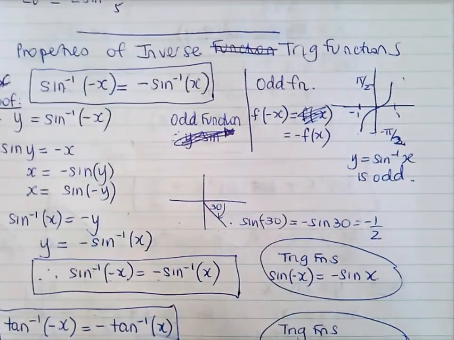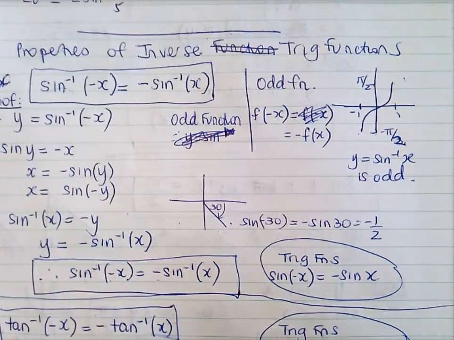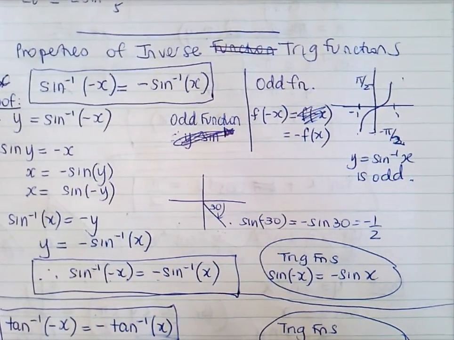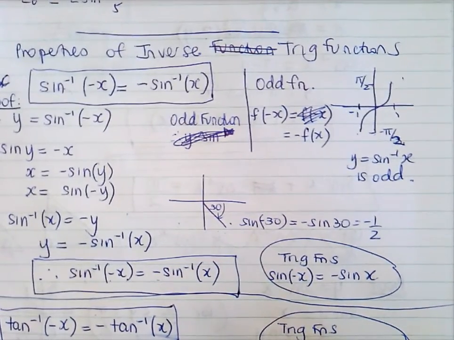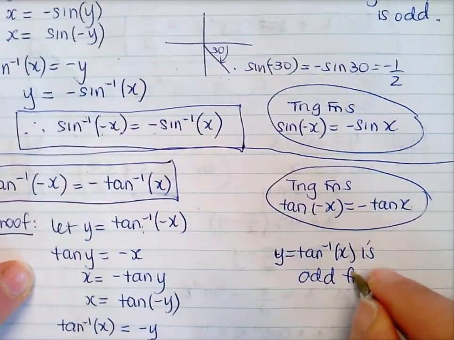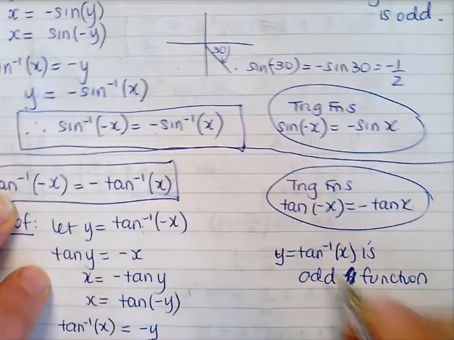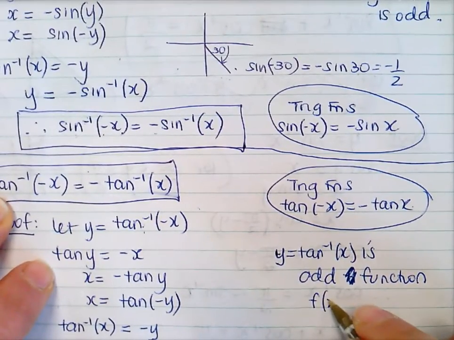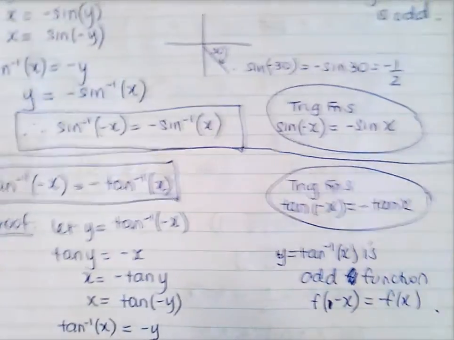Can you see that? What about the inverse tan function? Is it odd? Yeah. So y equals tan to the minus 1 of x is also an odd function, because function of minus x equals minus function of x.